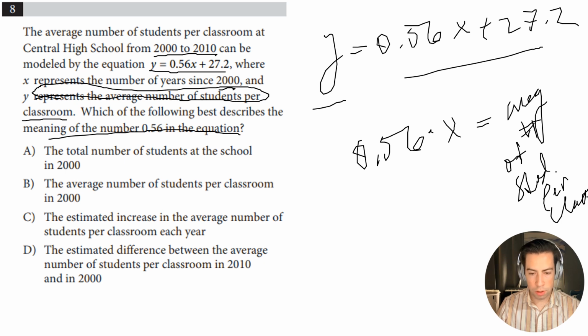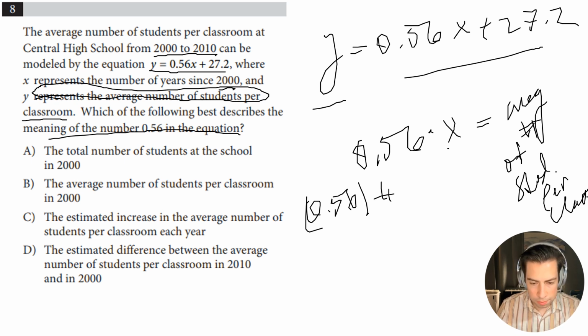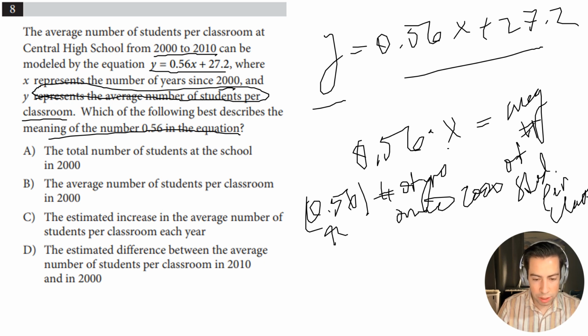Okay, so if x is the number of years since 2000, then I need 0.56 to have units that will cancel out these units and leave behind the average number of students per classroom, okay?